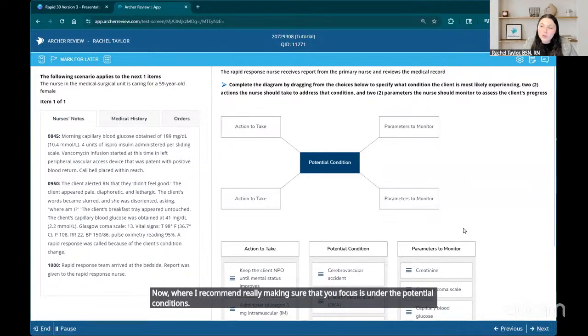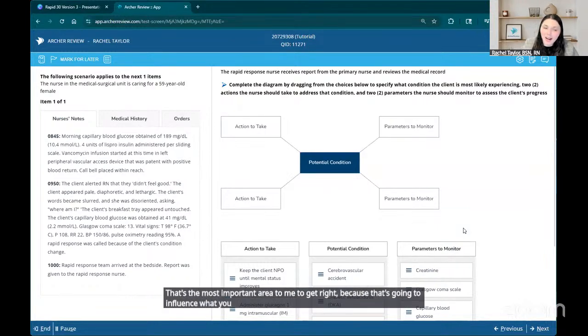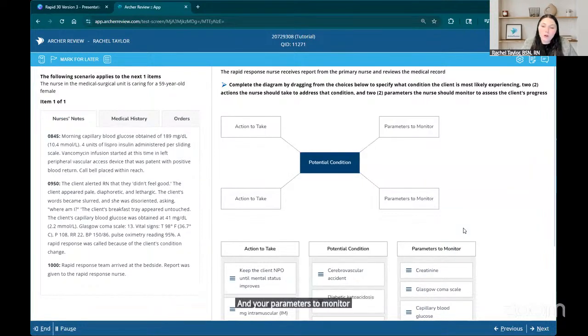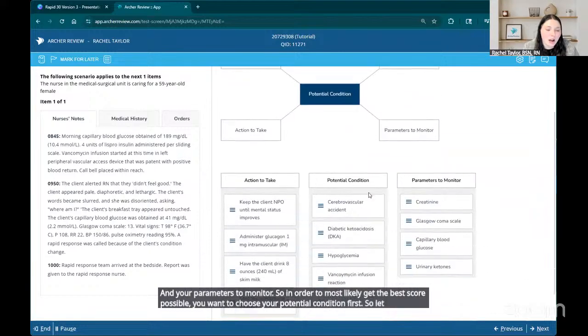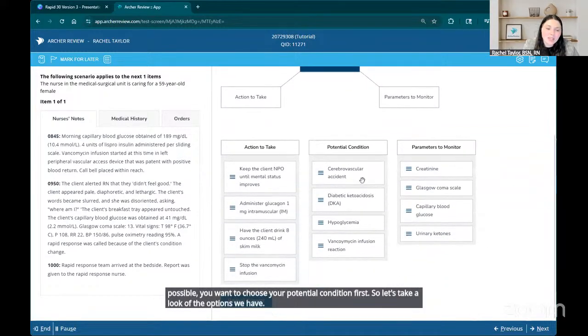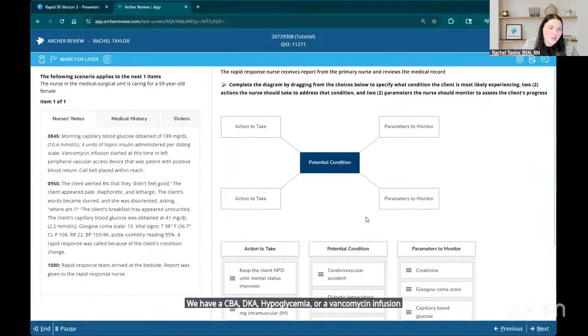That's the most important area to me to get right, because that's going to influence what you choose for your actions to take and your parameters to monitor. So in order to most likely get the best score possible, you want to choose your potential condition first. So let's take a look of the options we have. We have a CVA, DKA, hypoglycemia, or a vancomycin infusion reaction.